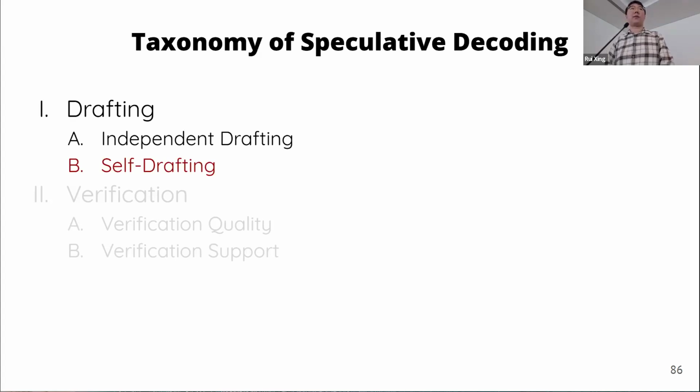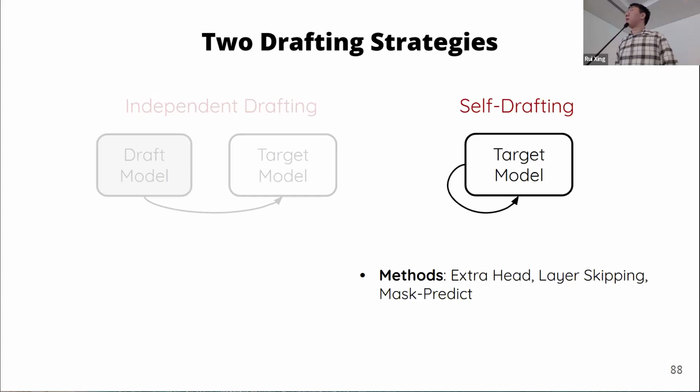So usually we cannot achieve this because we do not have the computing resources to train another small but powerful draft model. So here we can use the model itself as a draft. For self-drafting, we usually have three classical techniques: extra head, layer skipping, and mask predict.